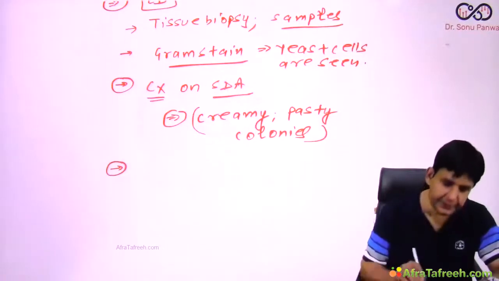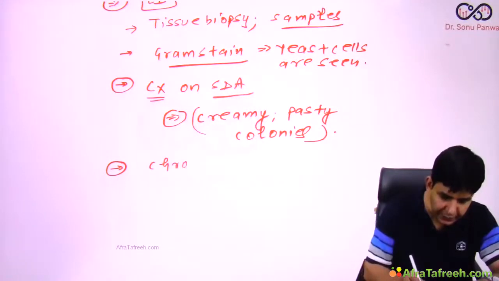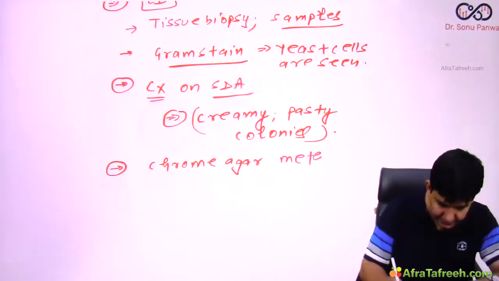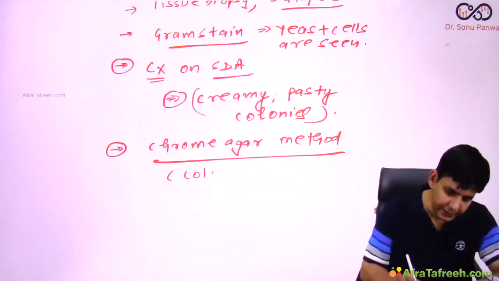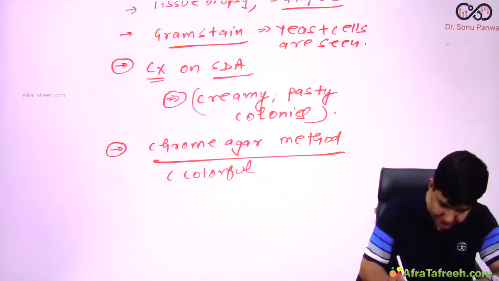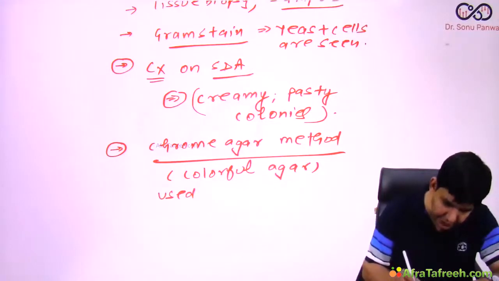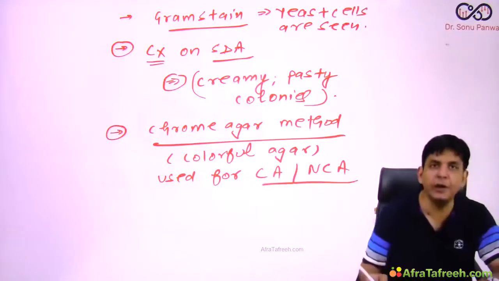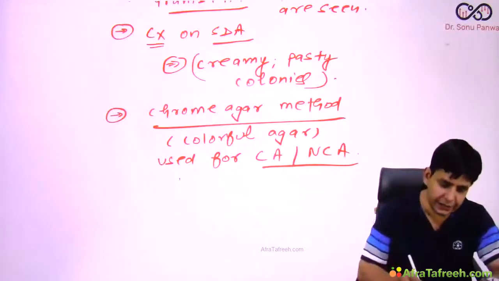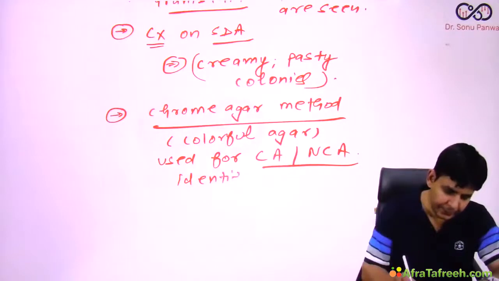Other than that, what you can do, you can go for the chrome agar method. Okay, you can go for the chrome agar method, which is a colorful agar and used for Candida albicans as well as various non-albicans Candida identification.